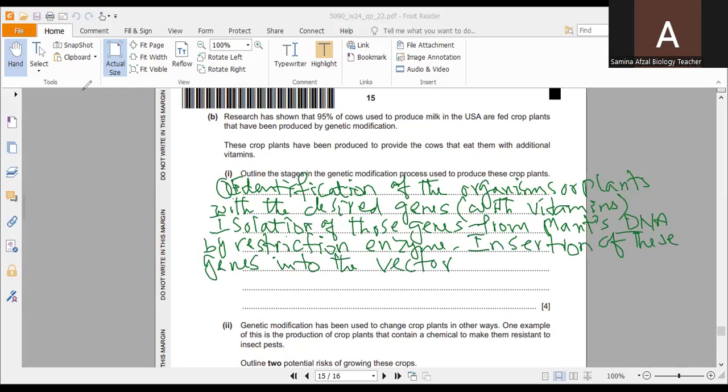And you know, a vector is a carrier that can deliver the foreign gene into the plants, and the most commonly used vector in plant genetic engineering is a plasmid. And plasmid, you know, is part of the bacteria. Bacteria contain circular DNA, which is called plasmid.